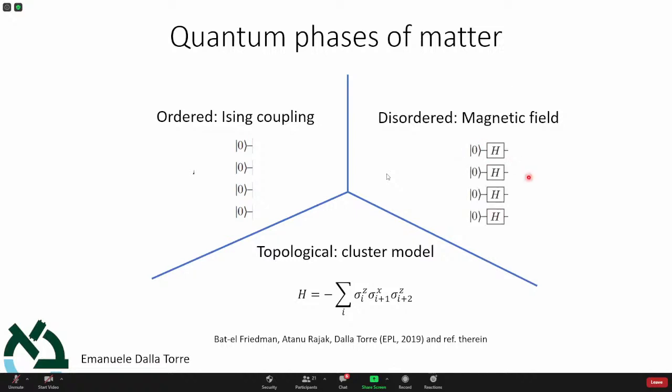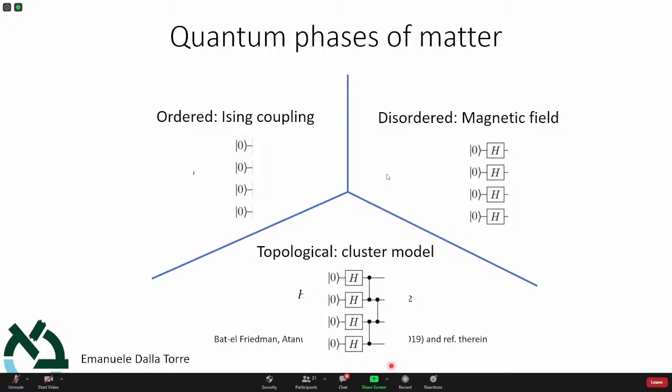Very simple. How about the cluster state? It turns out that preparing the ground state of this Hamiltonian is very easy. Preparing the Hamiltonian itself is hard. Having a physical system in which this is the Hamiltonian is something very hard. In contrast, preparing the ground state itself in a quantum computer is very easy. And actually, it is exactly the same cluster state that I have shown you before.